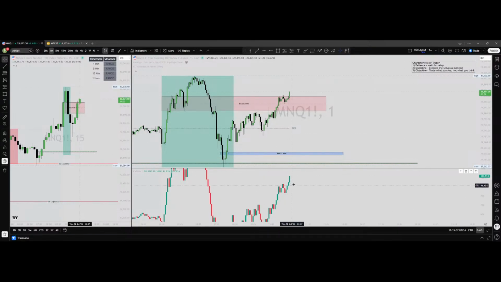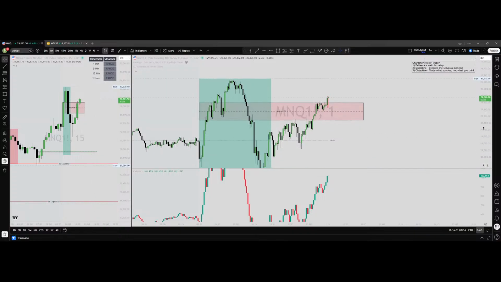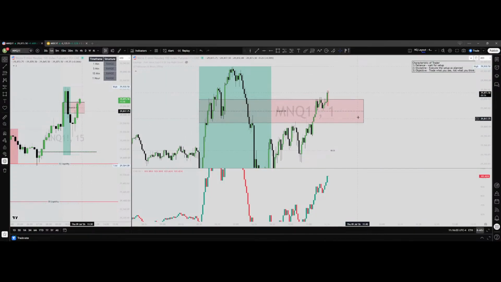Look at the series of green candles up here. If we get a series of red candles right here, we will be looking for shorts. We'll be looking for shorts, but if not, then let's see.